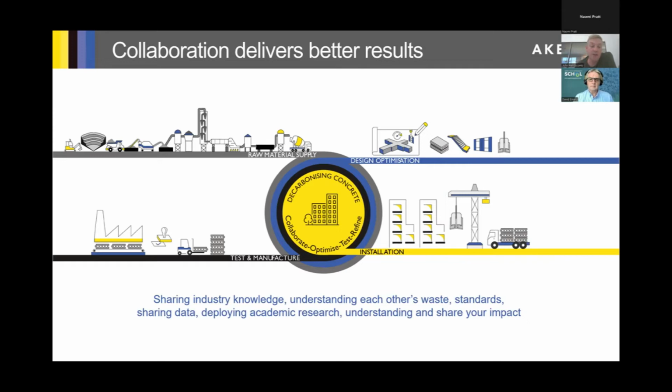That sharing of data, deployment of academic research from the start of raw materials through to the installation process, and understanding and sharing everyone's impacts so that we can all learn from each other and come up with better solutions. So that collaboration, optimize, test and refine, we think is really important to making some pretty significant gains.